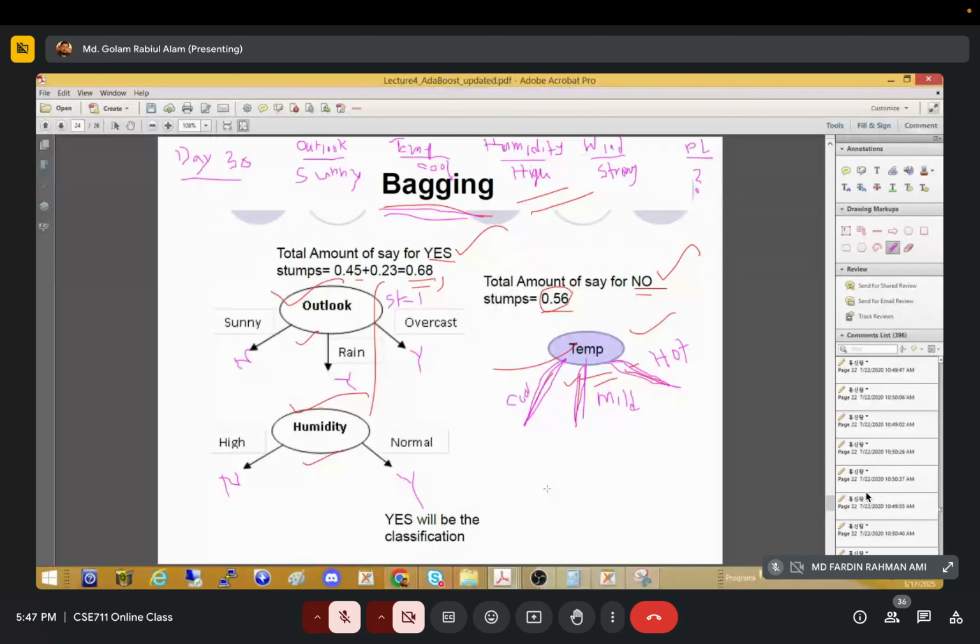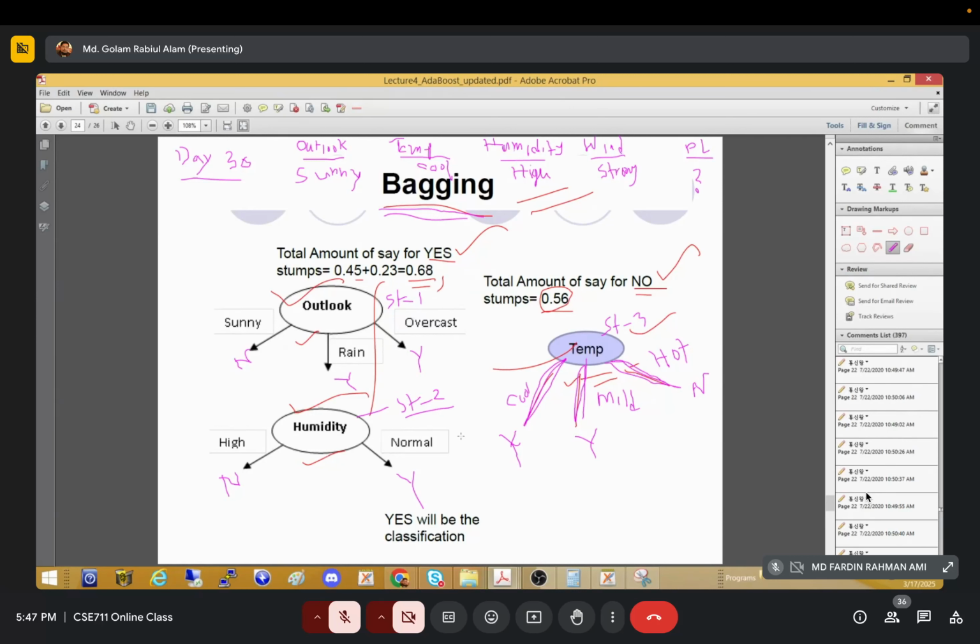For hot, maybe you can say no. For mild and cool, maybe yes and yes, like this. So consider that we have these three stumps: stump 1, stump 2, and stump 3. So this is our stump 3, and this is our stump 2.